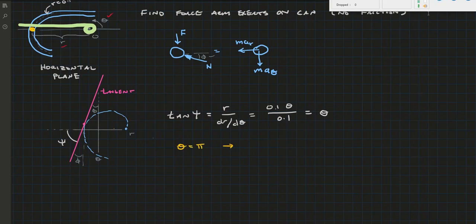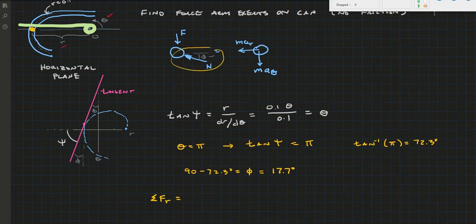So this will result in the tangent of ψ equals π. And the arctangent of that is 72.3 degrees. So 90 minus 72.3 degrees equals this φ, and that means that φ equals 17.7 degrees.